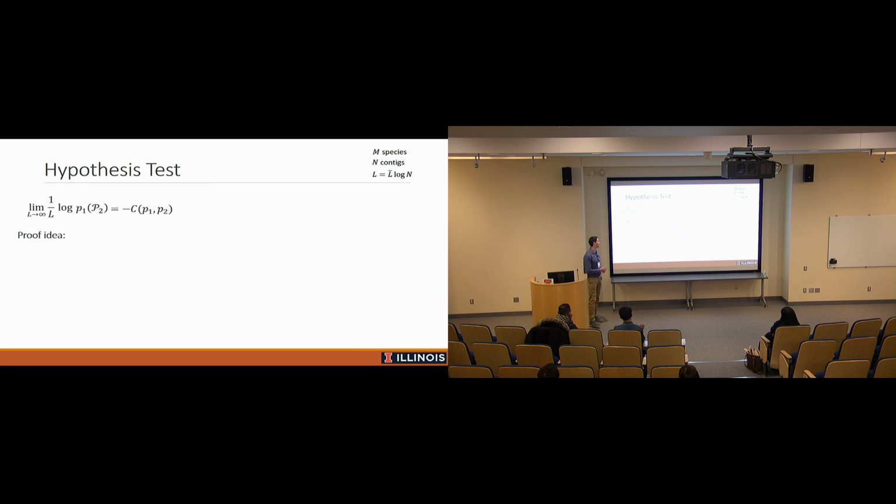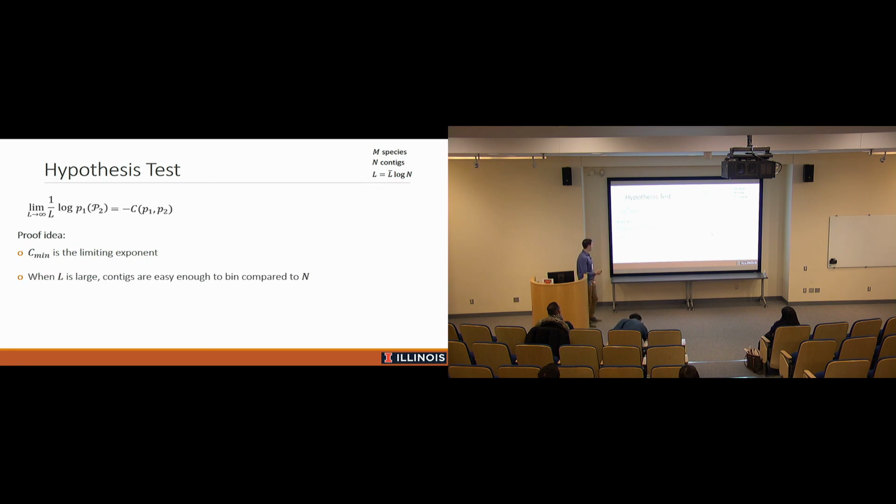Right, so how does this prove that L bar needs to be greater than 1 over the minimum Chernoff information? Well, the minimum Chernoff information is essentially the error that's going to go to 0 the quickest, or the slowest, sorry. So it's kind of the limiting error exponent.